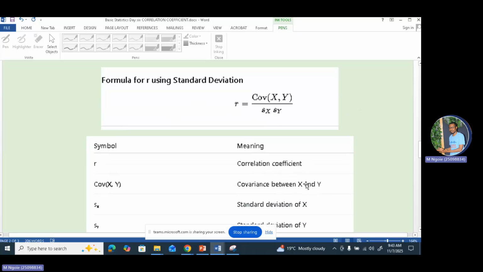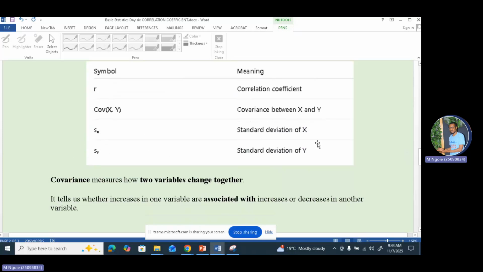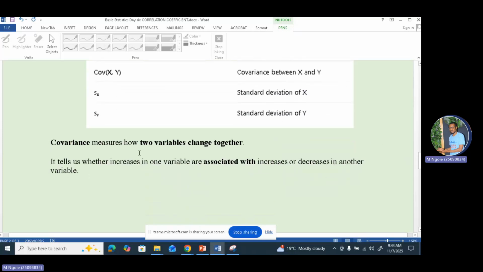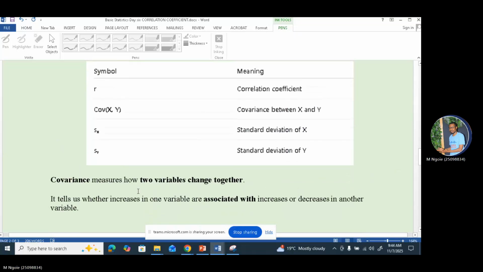This is the covariance between x and y. This is the standard deviation of x and the standard deviation of y. So the covariance is what? The covariance also allows us to measure how 2 variables change together, right? So sometimes when you try to understand how 2 variables move together, you can use the covariance.